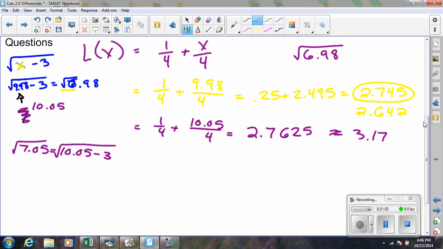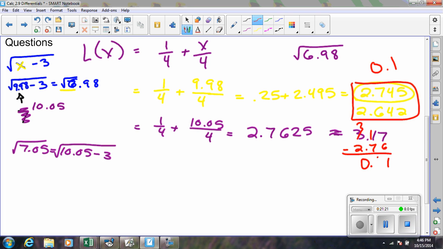Our first approximation was off by about 0.1. This would be an error. For the second one, 3.17 minus 2.76 is off by approximately 0.41. This is the amount of error.